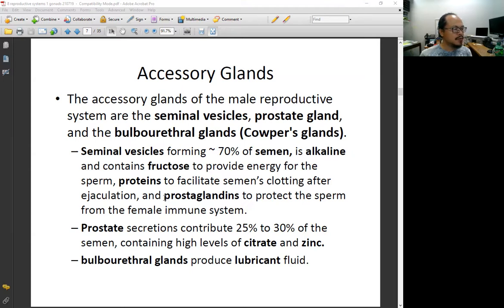It will also mix with the prostaglandin, and this one can protect the sperm from the female immune system, because when the sperm enter into the female system, the female immune system may recognize these sperm as intruders. So prostaglandin can suppress the immune response, and so protect these sperm.